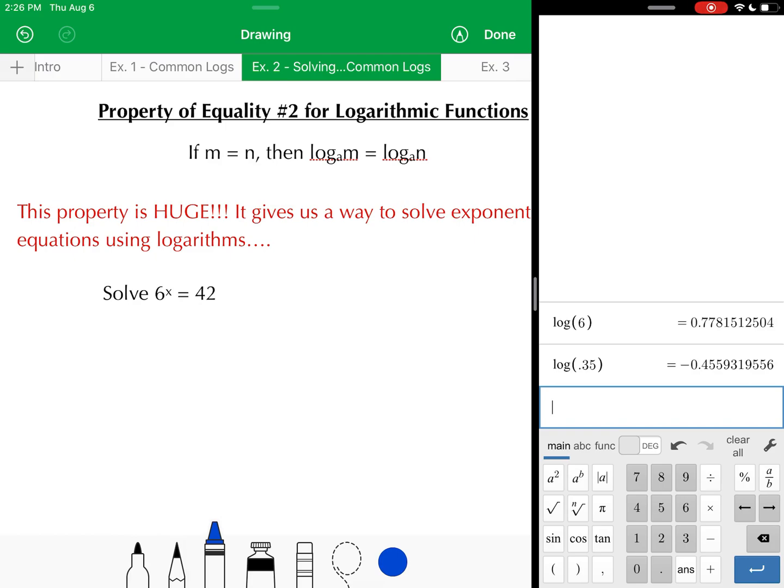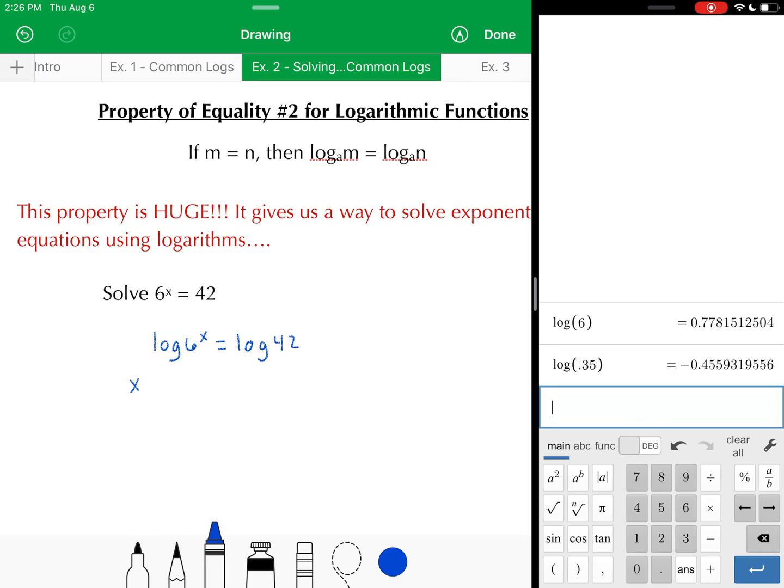So let's say we're trying to solve 6 to the power of x equals 42. I am unable to write 6 and 42 in terms of the same base. So here's going to be my approach. I'm going to take the common logarithm of both sides of this equation. And that helps me because I can now apply a power property of logarithms.